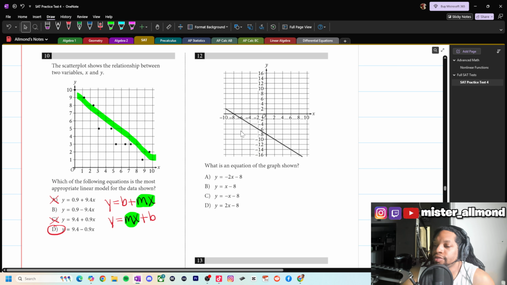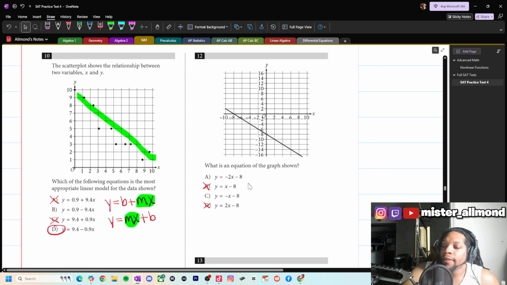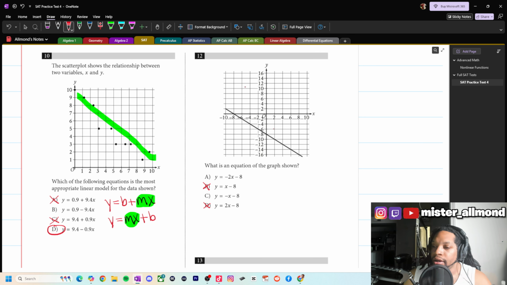All right, number 12. This one looks like it should be pretty straightforward. What is an equation of the graph shown? Luckily all the answer choices are formatted well. I can see that the slope is obviously negative, so I can eliminate B and D because they both have a positive slope. The y-intercepts are the same, so we just have to figure out the slope of that line. There are a couple of ways to do this, but I'm going to look at two points and figure out the rise and the run.